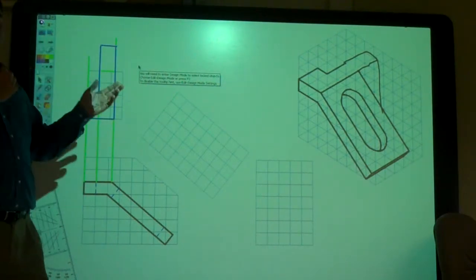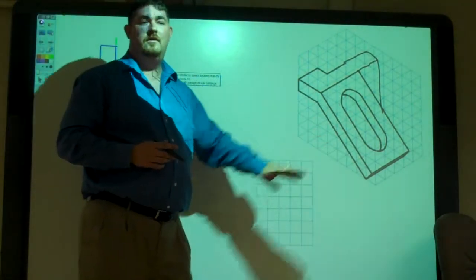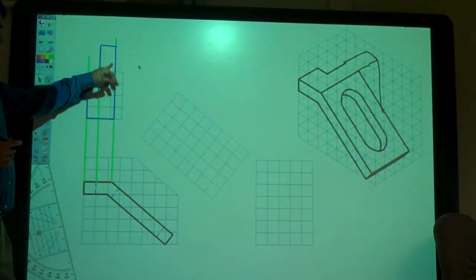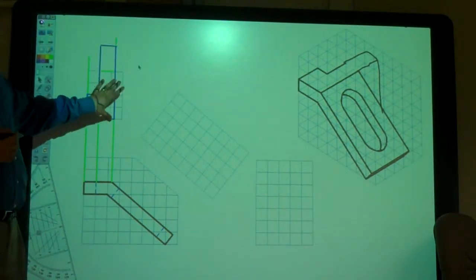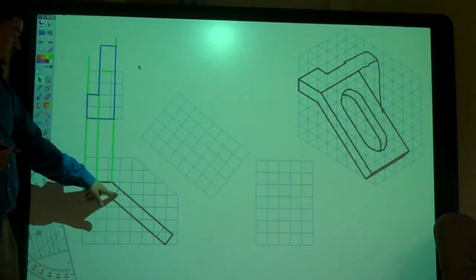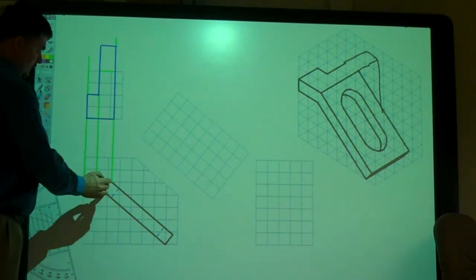How do you know where it goes if you didn't have the isometric? How would you know which one goes where? By lining up the corners. Yeah, you might be able to guess by looking at this and see that it's straight.